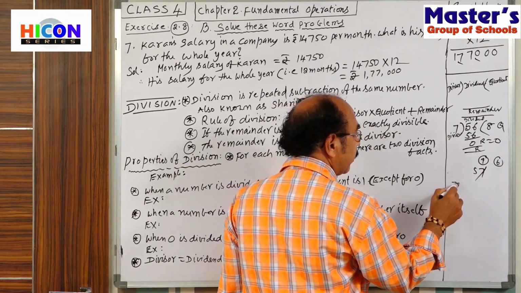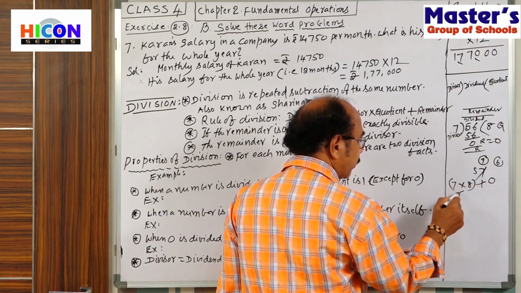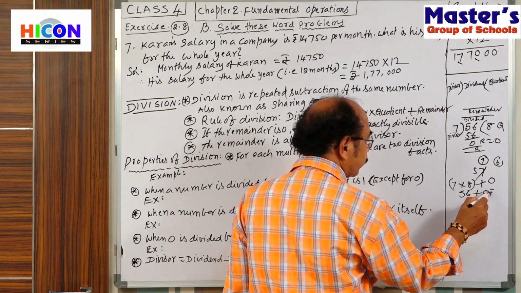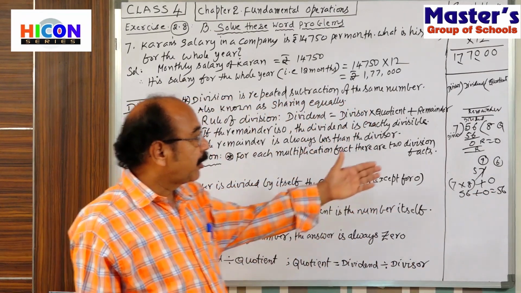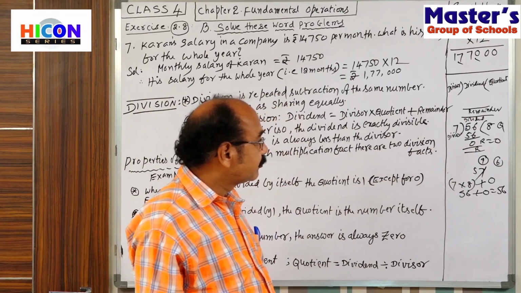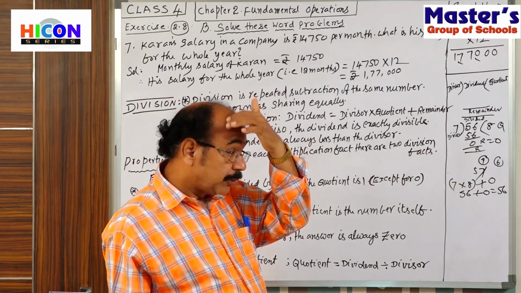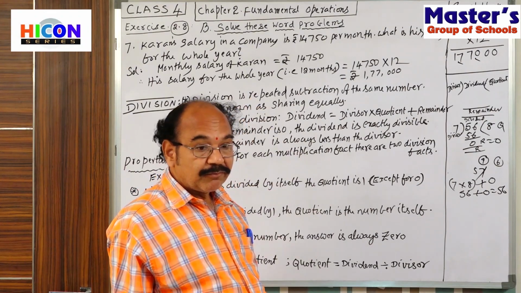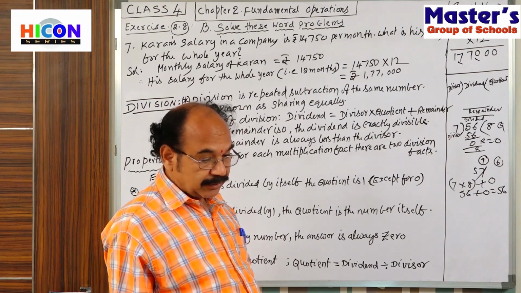So 7 into 8, remainder is 0. Exactly divisible, because we got remainder 0. Like that, we can learn some facts on division work.